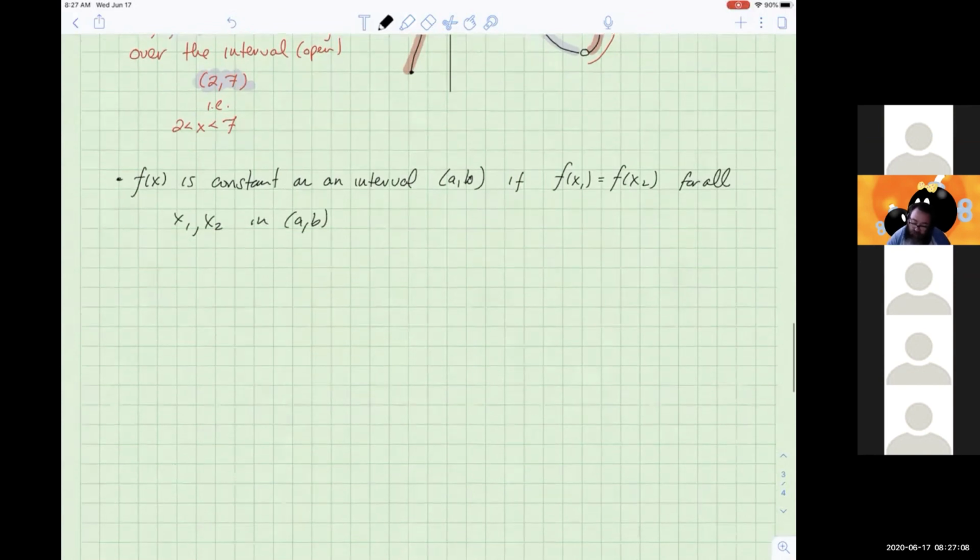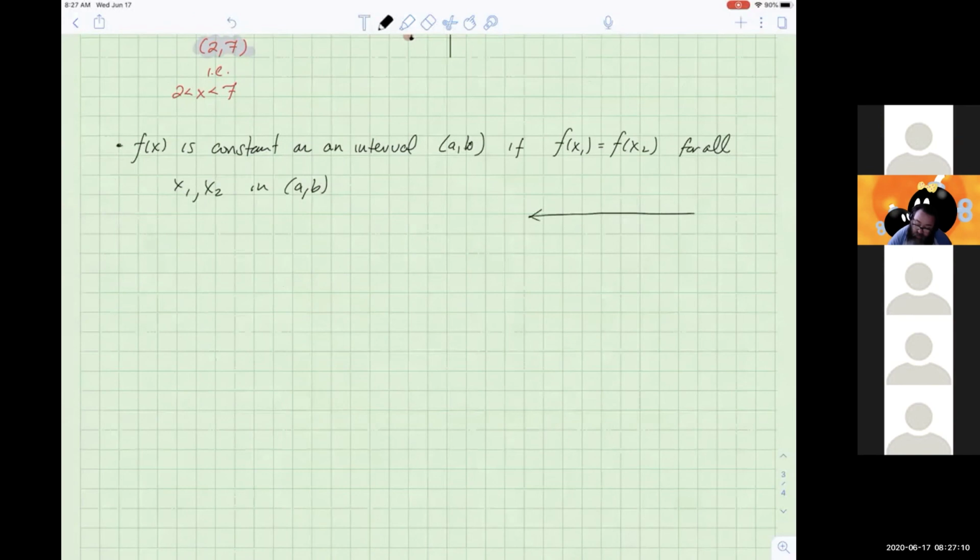So again, what that means for us is if we have some interval between a and b, and we choose an x1 and an x2 in that interval at random, f of x1 will have the same height as f of x2. And if that happens everywhere in that interval, then we have what's called a constant interval.